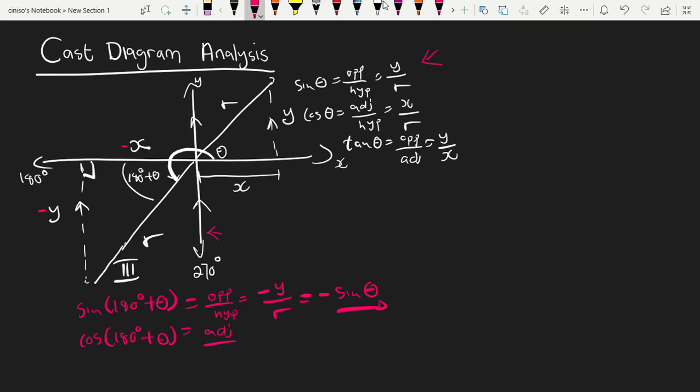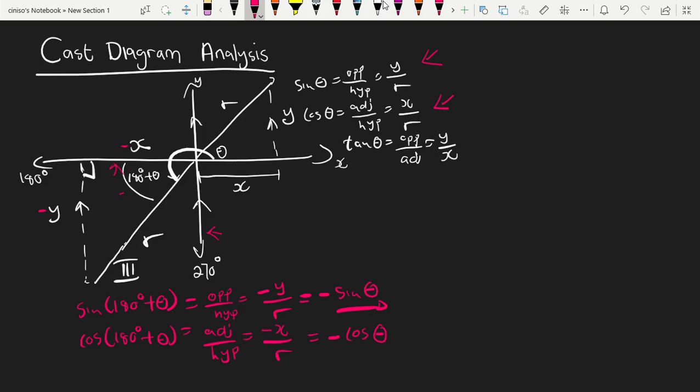Adjacent over hypotenuse. So with respect to this, our adjacent will be minus x over hypotenuse. But going back to the basics, in the first quadrant, cos of theta is x over r, but in our case, it's negative x over r, so it's negative cos of theta.